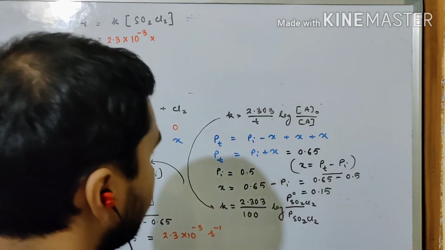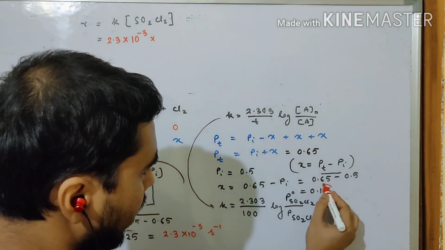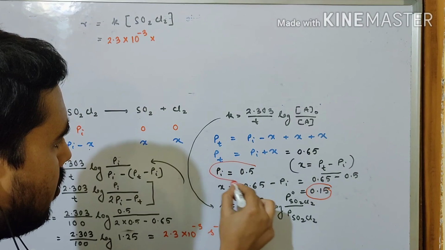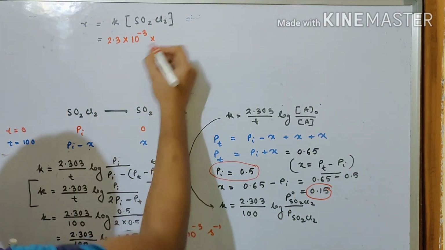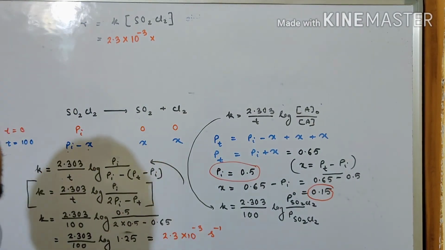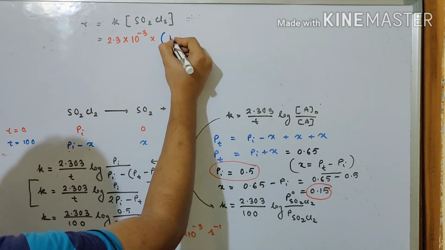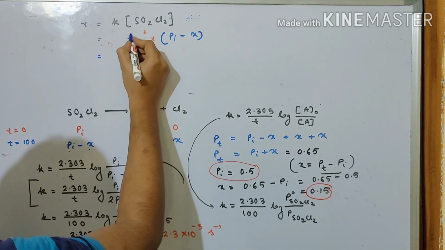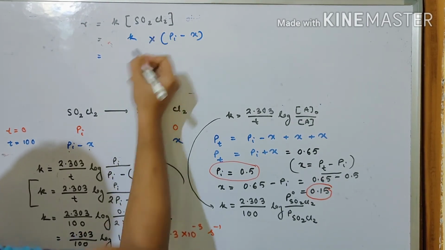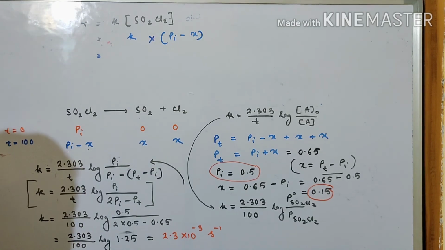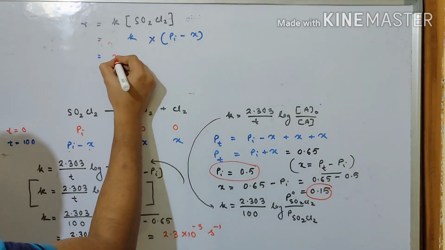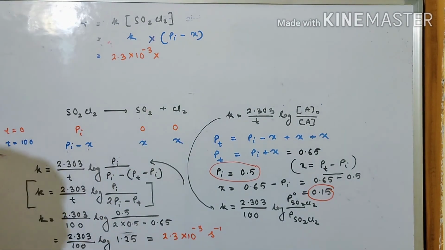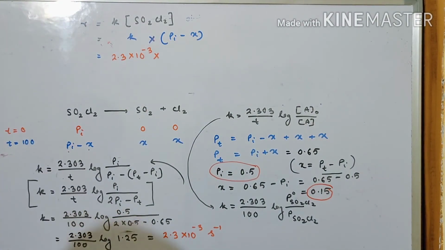Here you see, the X value we have calculated, Pi is already known, so it is nothing but Pi minus X. You can write like this, K into Pi minus X. So as a result, the rate is 2.3 into 10 to the power minus 3 into Pi minus X.